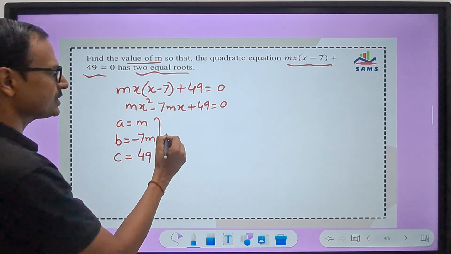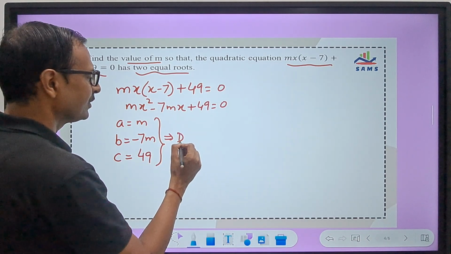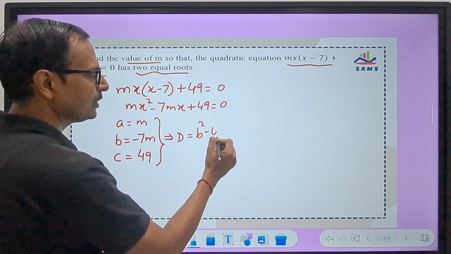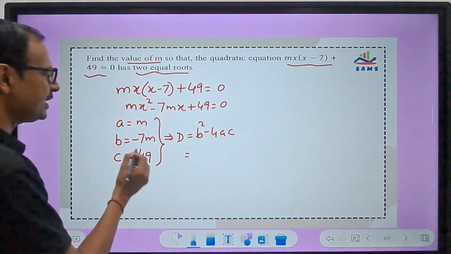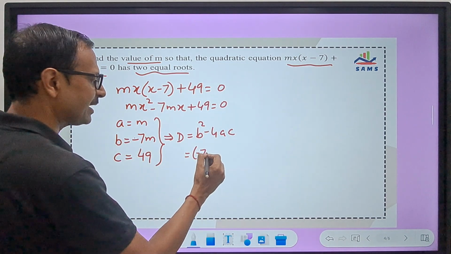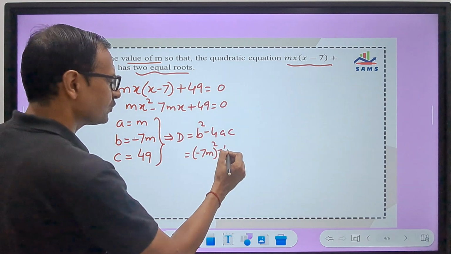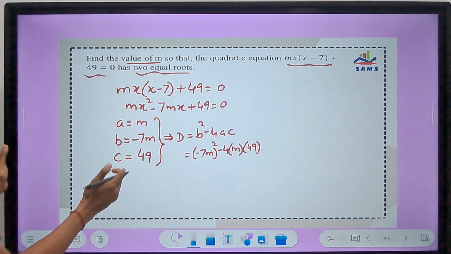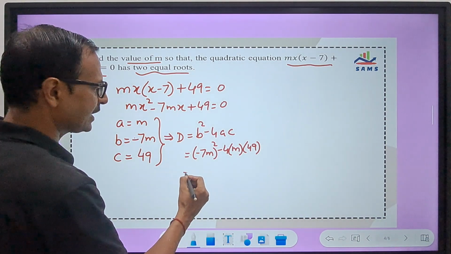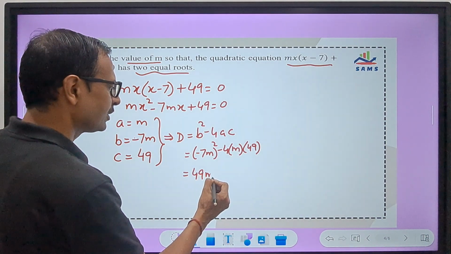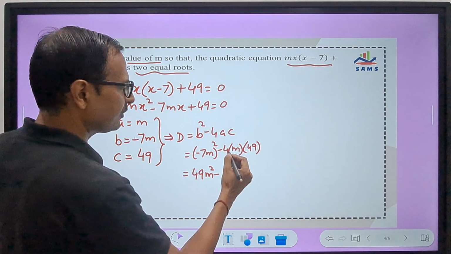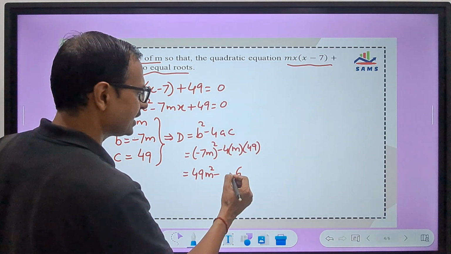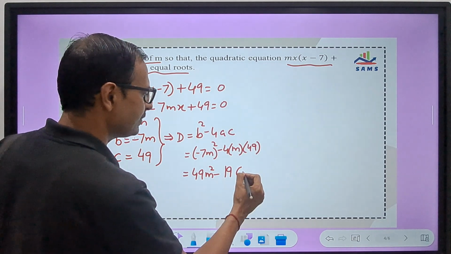Taking these three into consideration, I can find the discriminant. Discriminant is b square minus 4ac. You remember the formula? b is minus 7m, so (minus 7m) square minus 4ac, right? I just put the values here. So this becomes 49m square minus 196m.